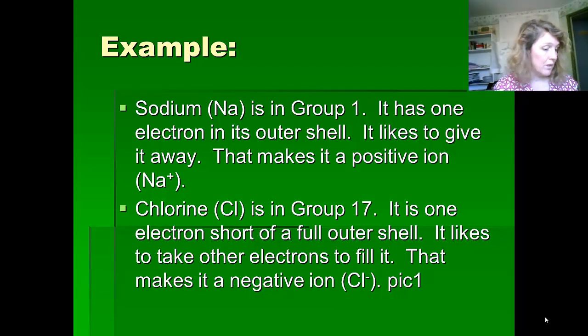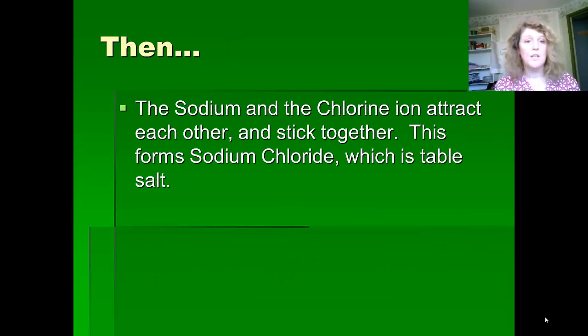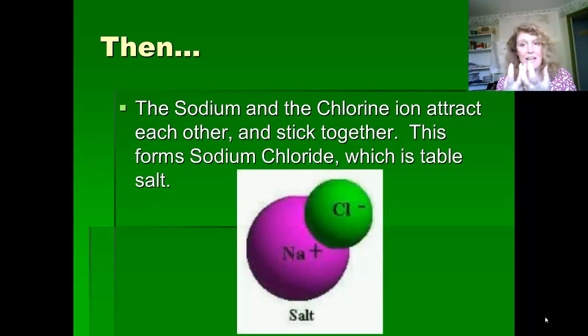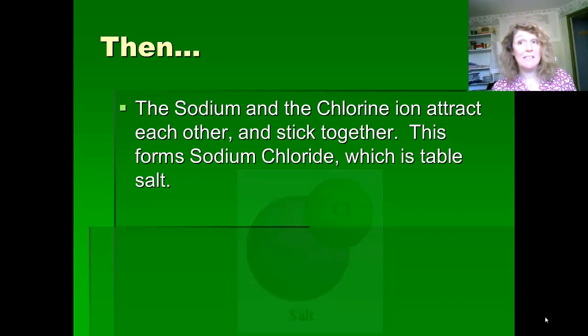Okay? So the sodium ion and the chlorine ion attract each other and they stick together. And this actually forms sodium chloride, which is table salt. And that's just how you do it.